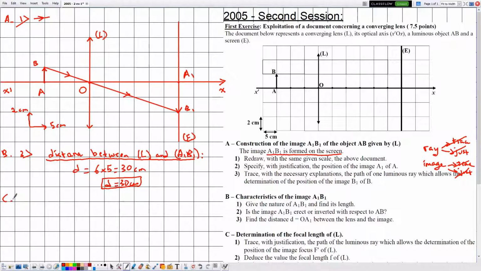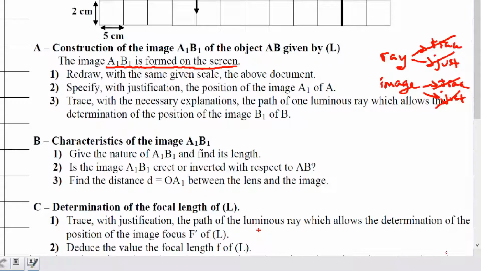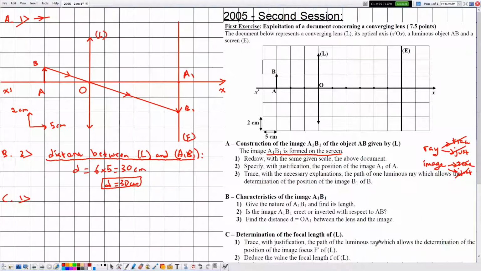Now in part C of this exercise, they are telling me determination of the focal length of L. Number 1, they are telling me trace with the justification the path of the luminous ray, which allows determination of the position of the image focus F prime.